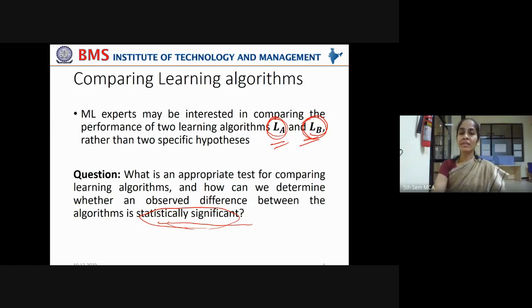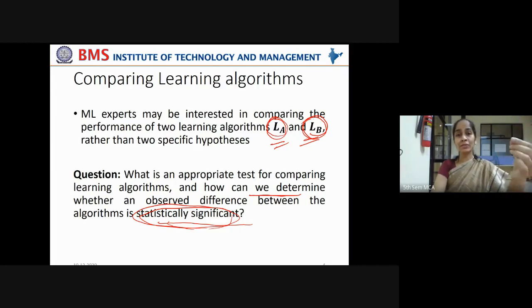Now, what is an appropriate test for comparing learning algorithms? Say you have 5 learning algorithms, among them 3 are performing very well according to training set and test set accuracy. In that case, which algorithm to select? How can we determine whether an observed difference between the algorithms is statistically significant? The difference between the algorithms is not by chance. It has some statistical significance.